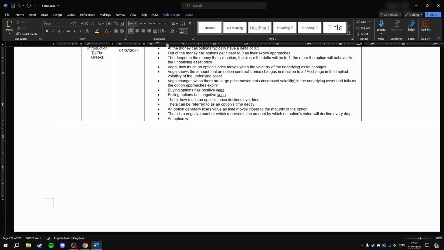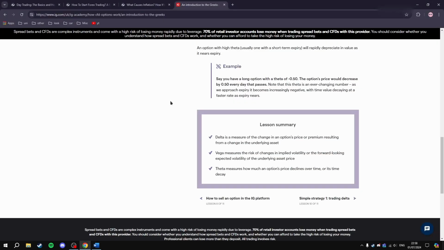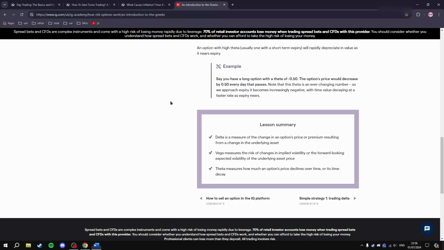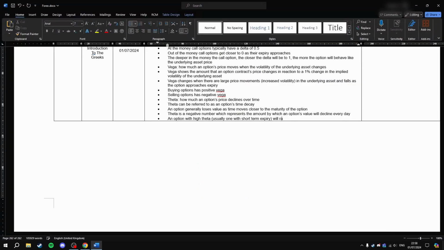An option with high theta, so high negative theta, right? Usually one with short-term expiry will rapidly decline in value as it nears expiry.